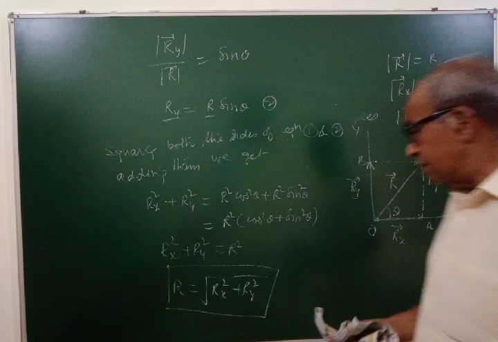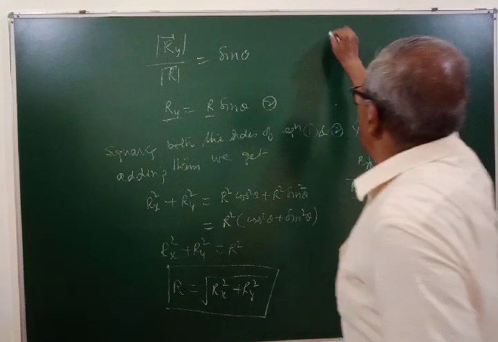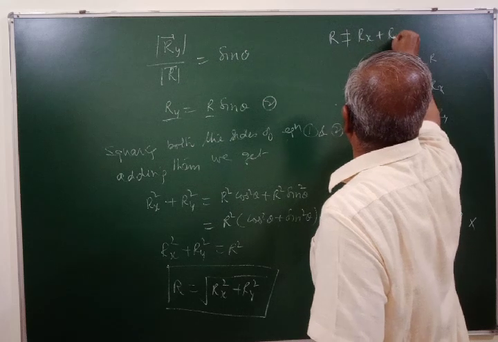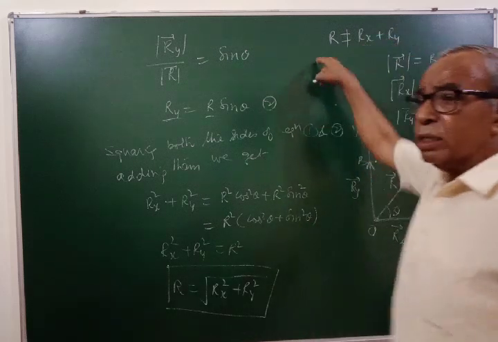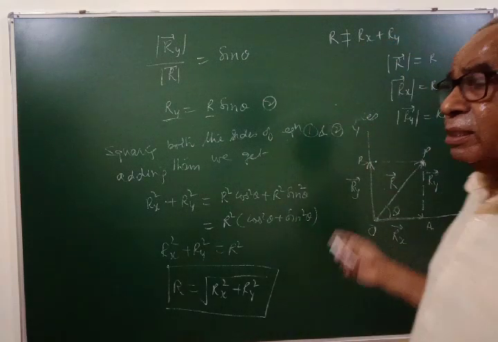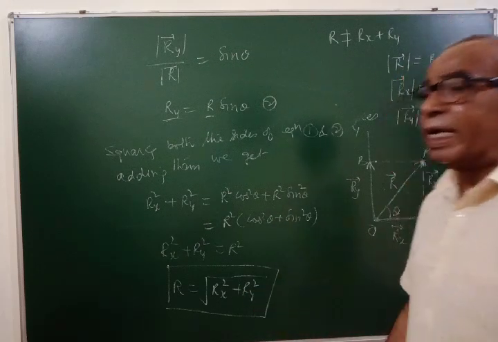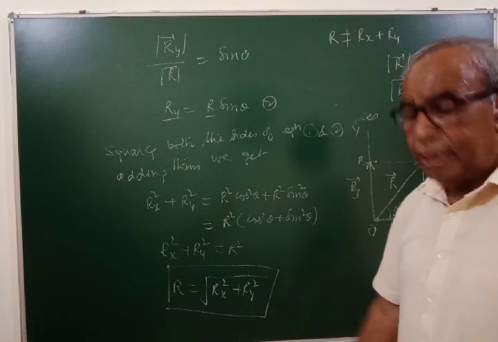The magnitude of R is not equal to the sum of the magnitudes of Rx and Ry. They are at right angle. It is vector addition.